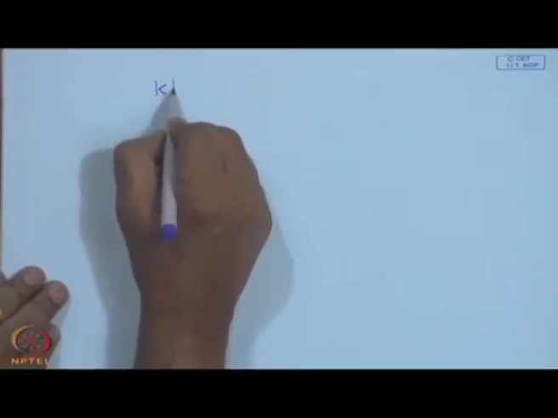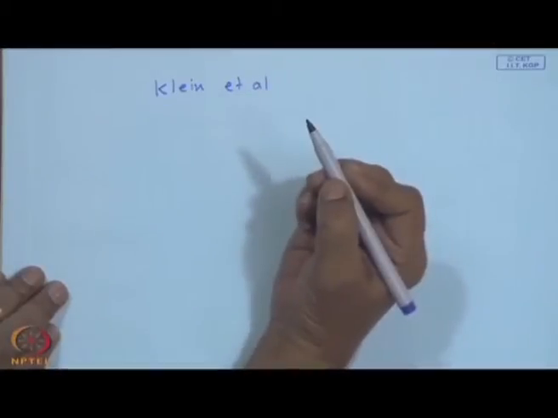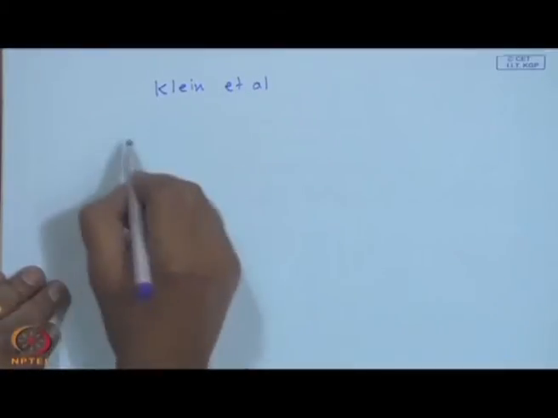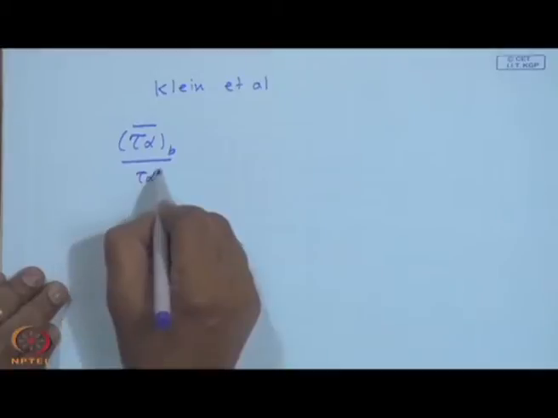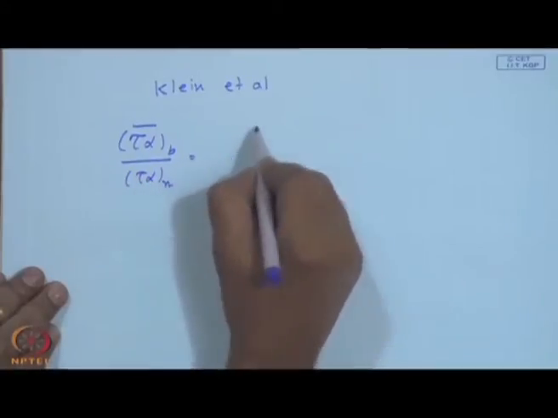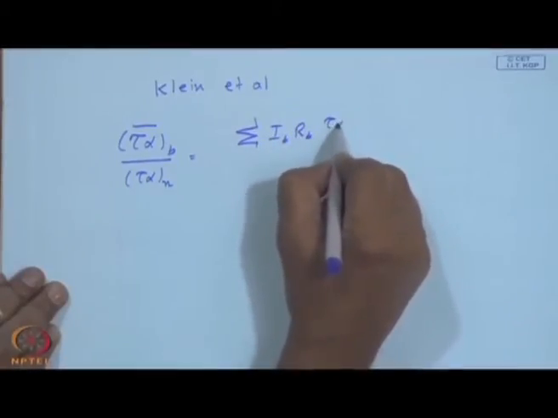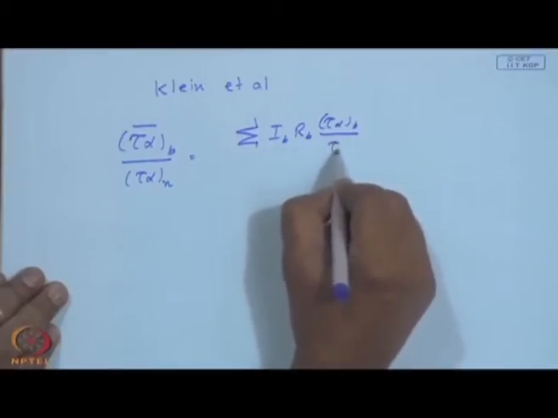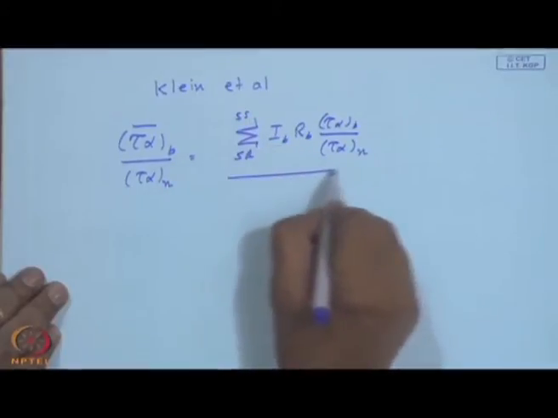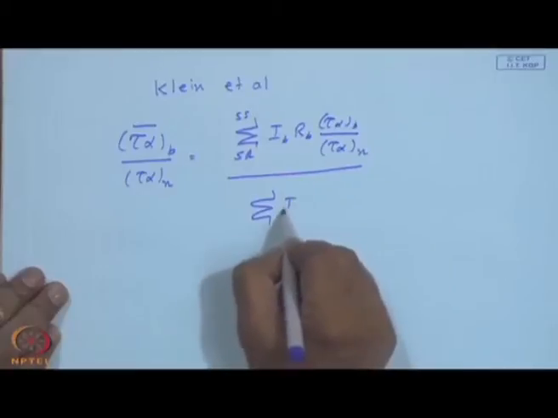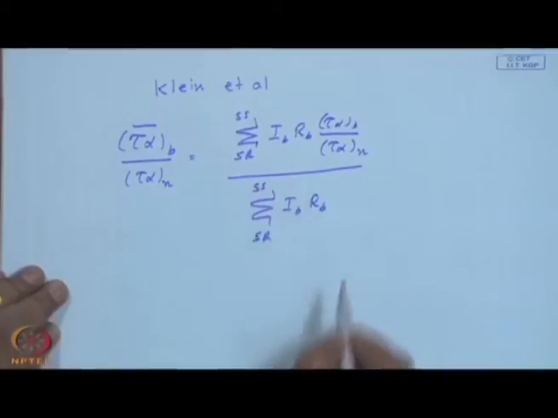Klein et al. have evaluated this tau alpha bar b by tau alpha n given by sigma I b r b tau alpha b upon tau alpha n, again sunrise to sunset appropriate, by I b r b, sunrise to sunset.